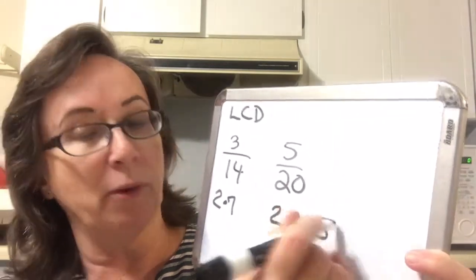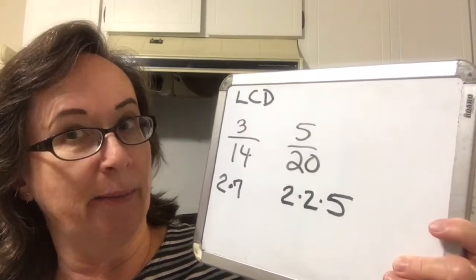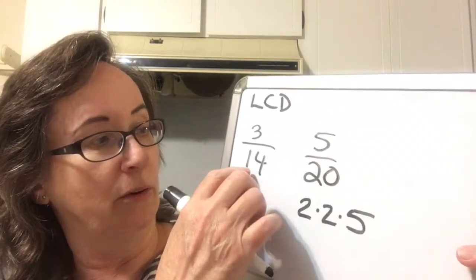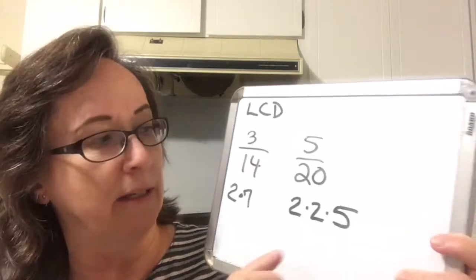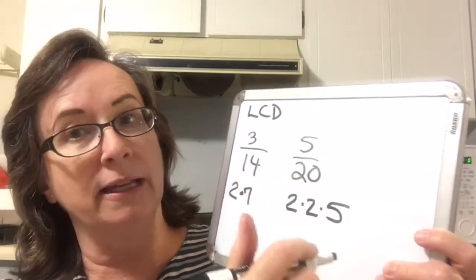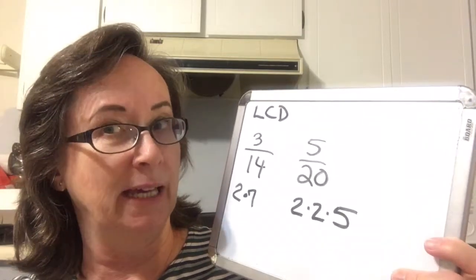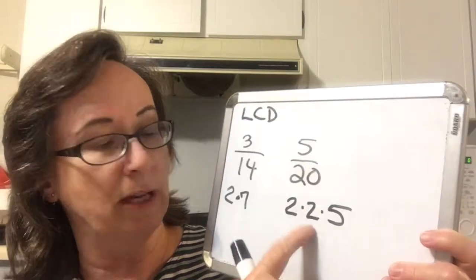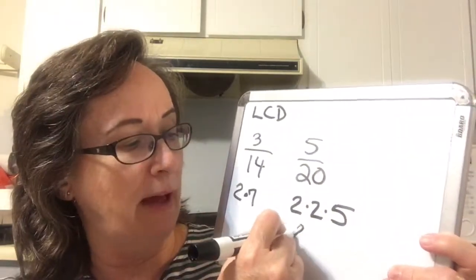When I talk about the prime factors, that means the factors that are prime, you cannot divide them by anything else. So, although 14 is 2 times 7, and that's all we can do, 20 is 2 times 10, but 10 can be factored again as 2 times 5. So the prime factorization is 2 times 2 times 5, or 2 squared times 5.